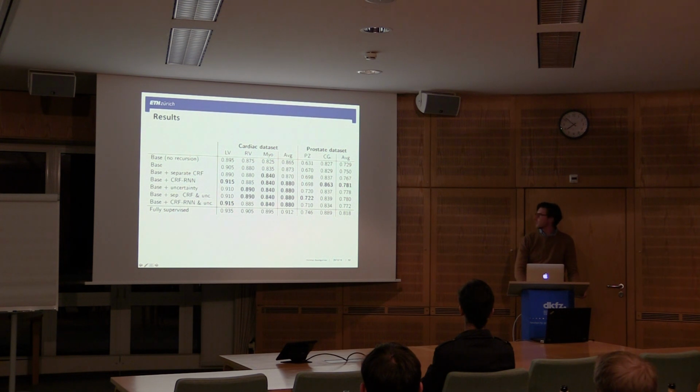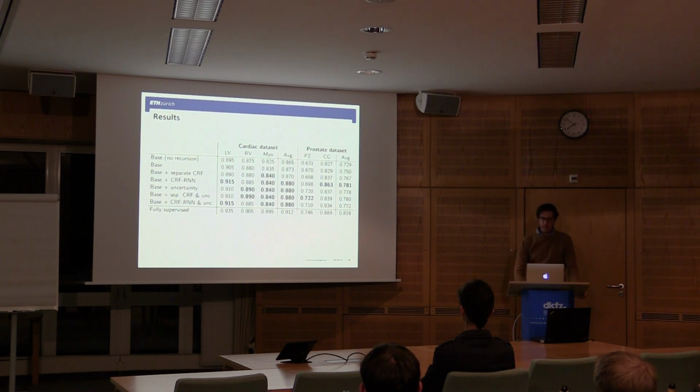So these are DICE scores. These are 3 cardiac structures, and these are 2 different prostate structures. Okay. Then we can see by adding CRF, we get another little boost on this data set, not on this data set, interestingly. And then adding these little extensions seems to help also in some cases.